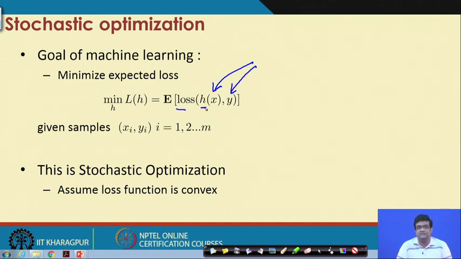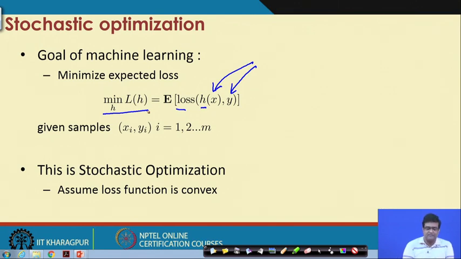The loss function provides a kind of penalty for not exactly predicting the random variable y, and you want to minimize this loss with respect to h.